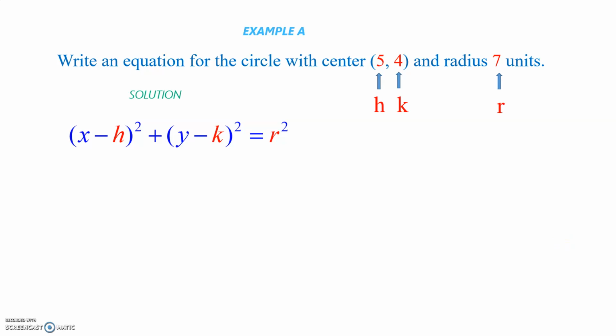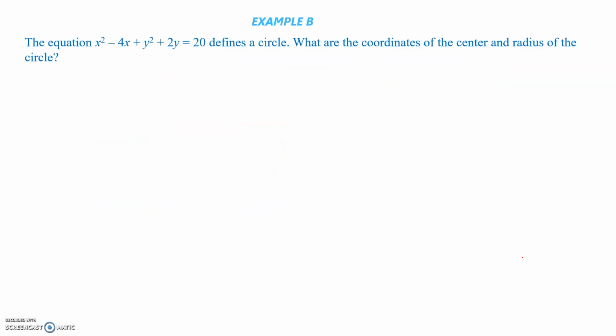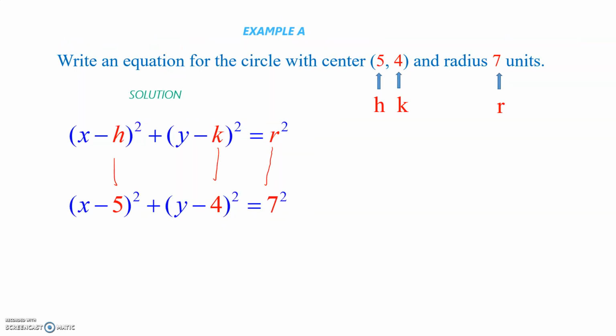And the radius is 7, so r is equal to 7. So now I'm going to substitute those in. So h becomes a 5, k becomes a 4, and r becomes a 7, and then that's the equation of the circle. They didn't go any further. I guess they could have gone one step further and made this be a 49, but they didn't.